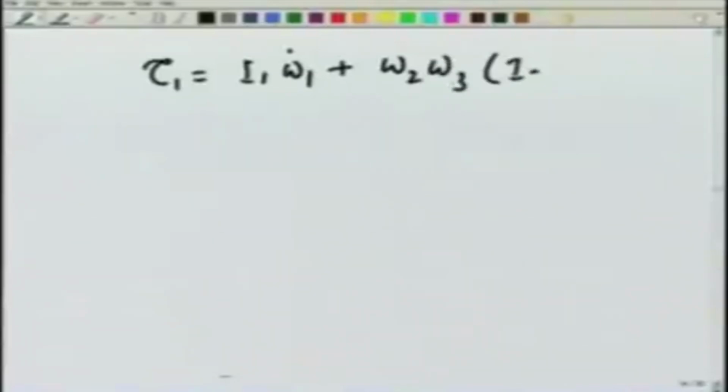So let me write the equations again. Tau 1 equals I1 omega 1 dot plus omega 2 omega 3 I3 minus I2.